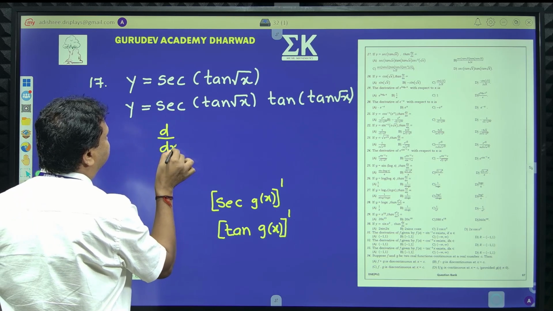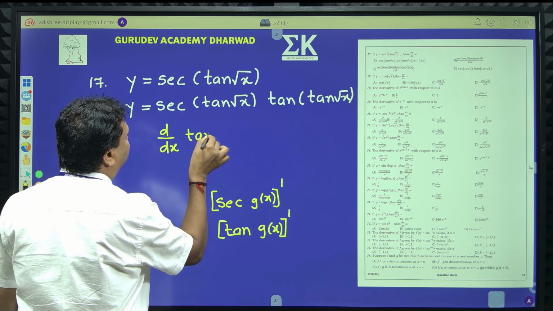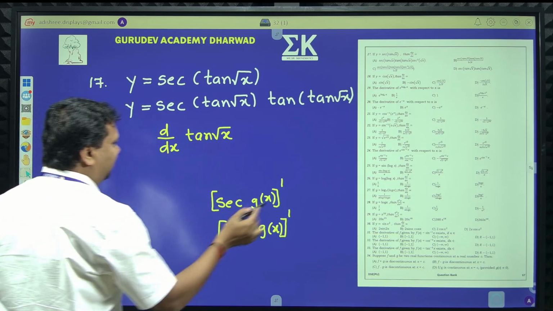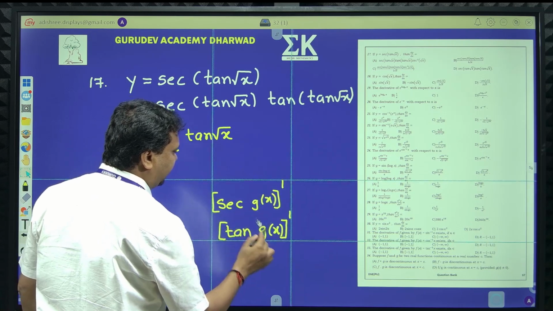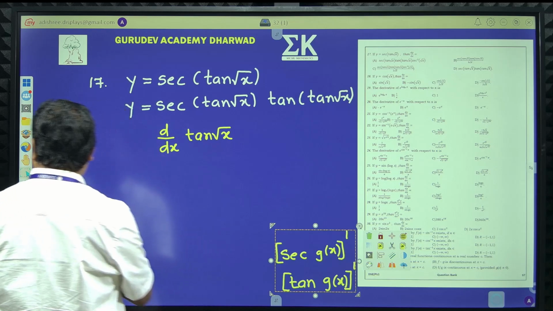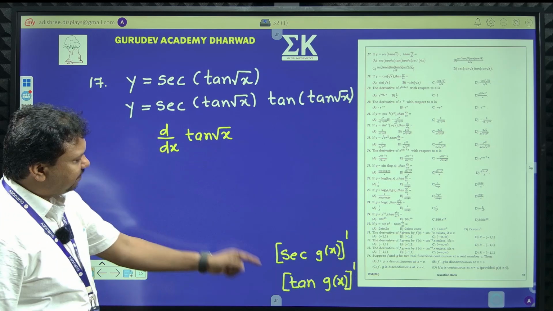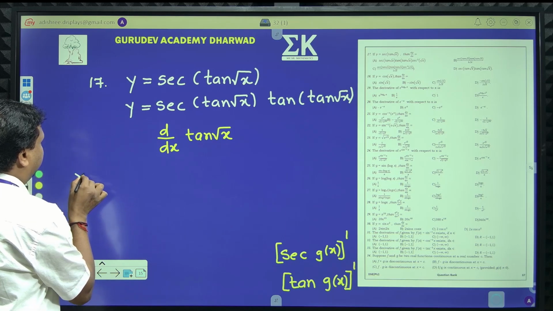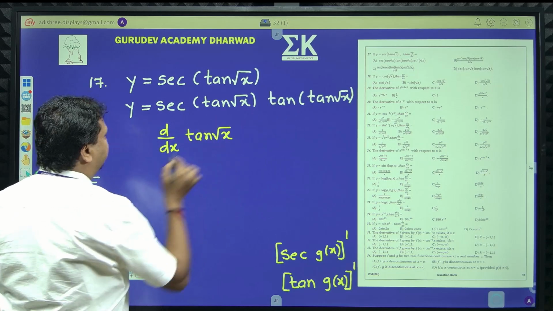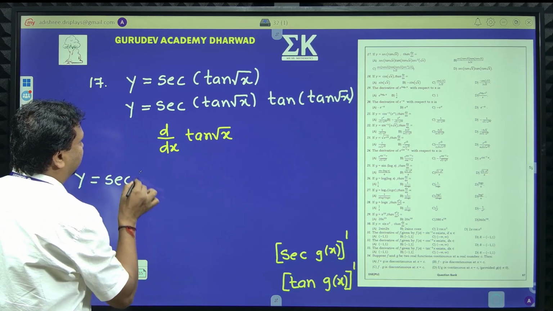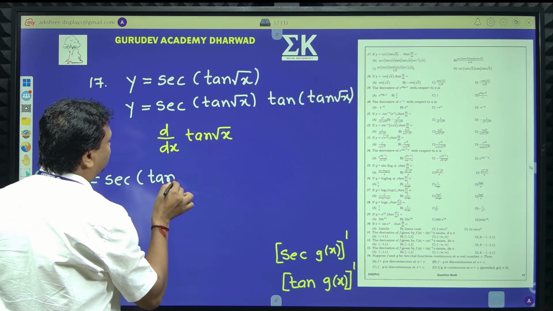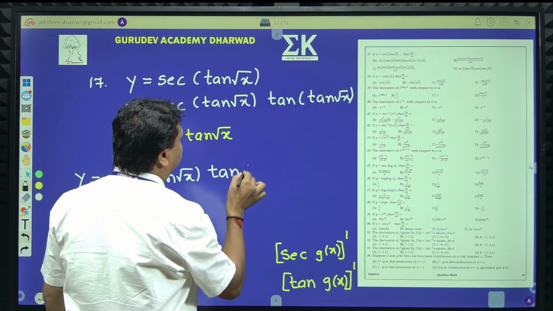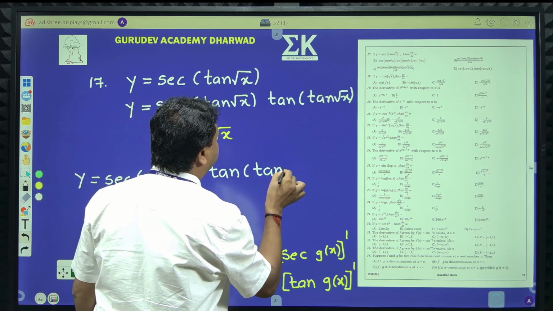So you will be taking care of the first identity in step 1. For the second identity, that is tan g of x, you are following this identity. Therefore, y is equal to, this function will be retained as it is, secant of tan root x, tan of tan root x.